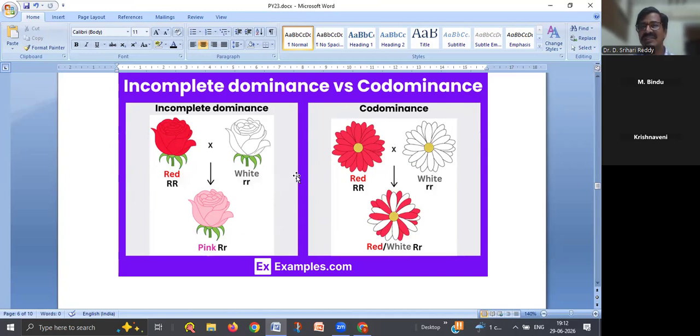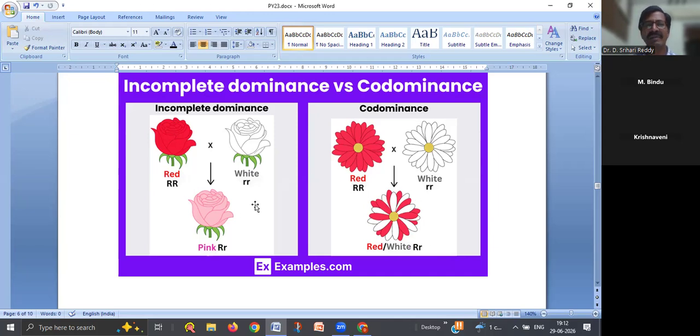And what is the difference between incomplete dominance and codominance? So here, same, capital, smaller. One is red color, another is white color. The F1 progeny will be like this: it is not pink, but some petals are red color, some petals are white color. That is codominance. That means both the genes are expressed, both the phenotypes are equally expressed.